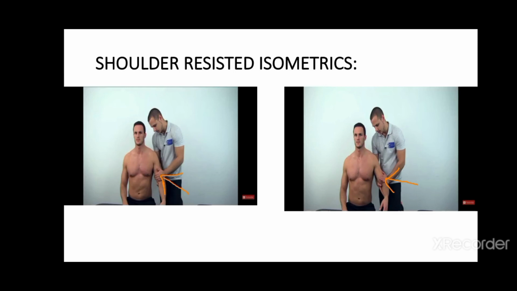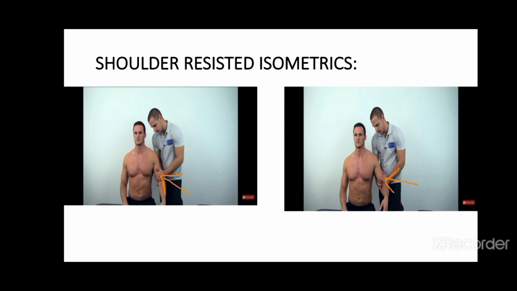Just perform the function of the muscle and resist this movement. For example, if you want to assess the flexors of the shoulder joint, then instruct the patient to flex his arm in the mid range. Always remember, in the mid range. The doctor will resist the movement, as this arrow shows, and the patient will exert his maximum force to perform the movement. Then ask the patient about the pain and assess the contraction of the muscle.